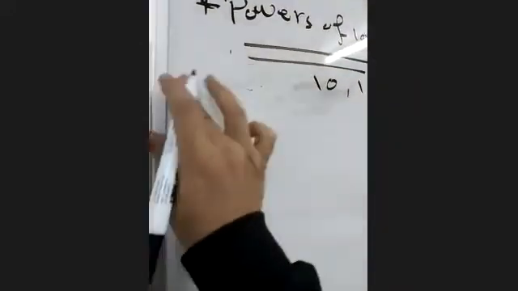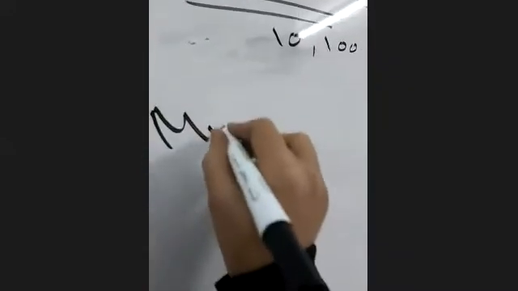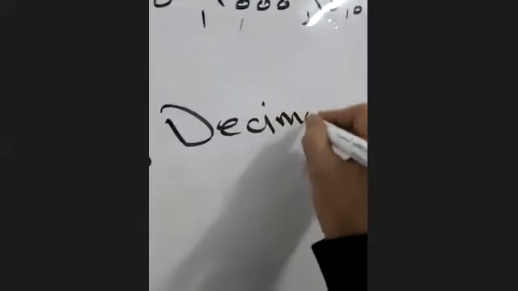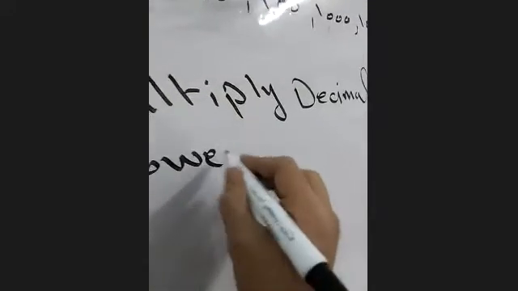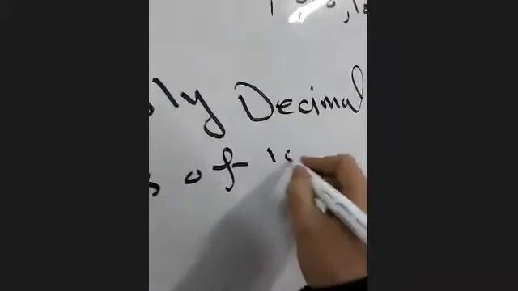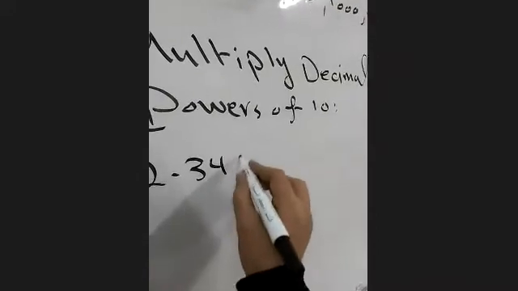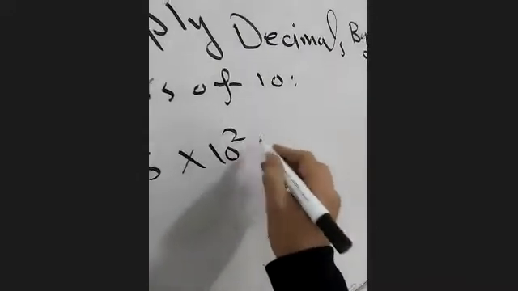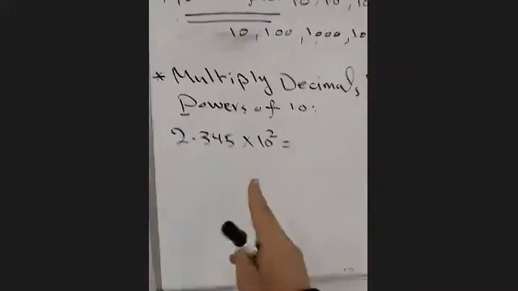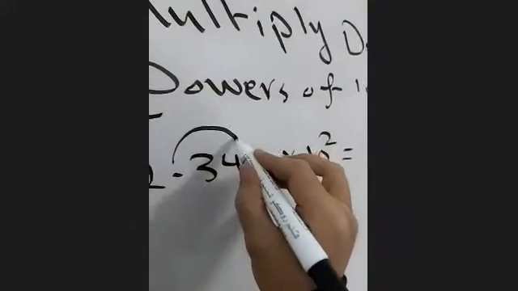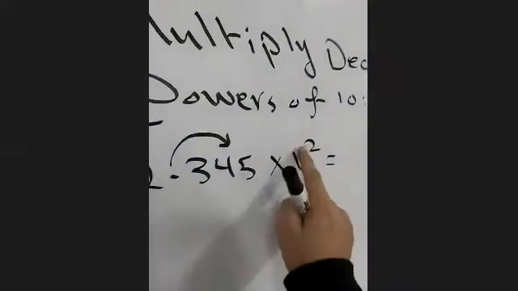Before, if you remember, guys, we multiplied decimals by powers of 10. Let's remember what we did. For example, if I want to multiply 2.345 by 10 to the power of 2. In multiplication, we look at the power and push the decimal to the right 2 digits, because the power is 2.